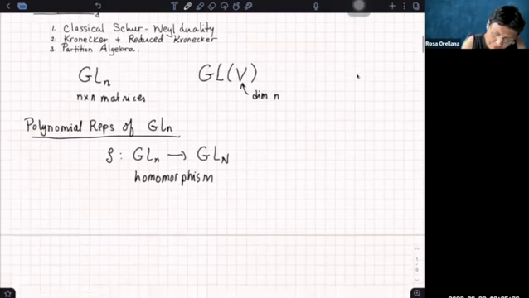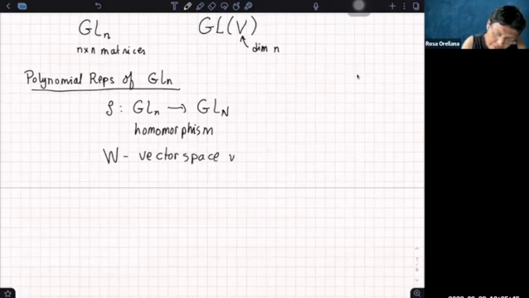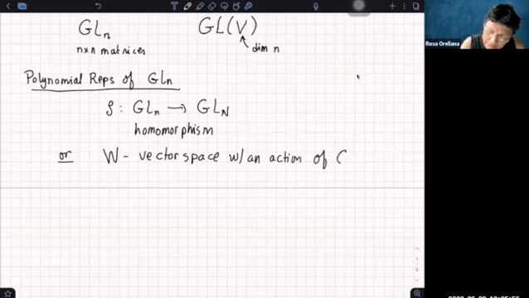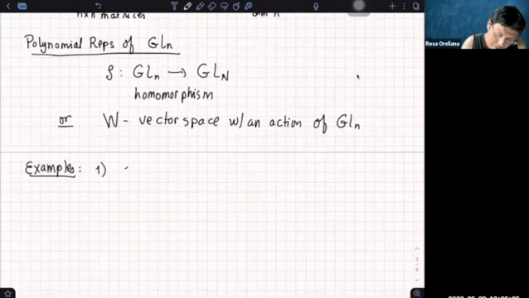But when we think of representations, we can also think of having some vector space with an action. So we will think about it in both ways, of GLN that give rise to the linear transformations. So 2 examples of polynomial representations, so for example, I'm going to call this one rho all throughout.